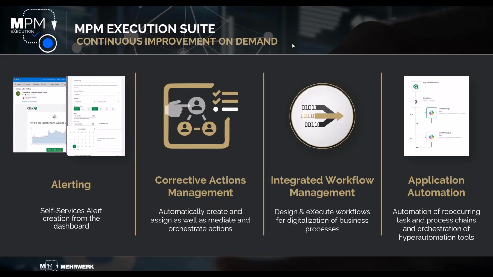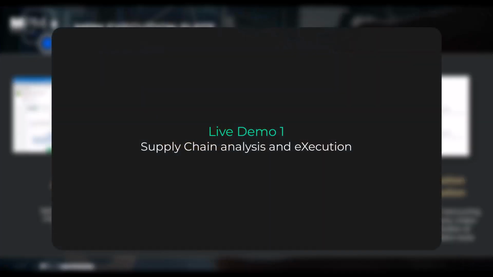Then you can go to the second phase, where you say, I want to derive corrective actions from it, so I have a logic. This logic is then stored, and you can orchestrate those actions within a corrective actions management system. And then from that point, you want to accelerate it. You can do an integrated workflow management where you push this information or these actions directly into the backend system.